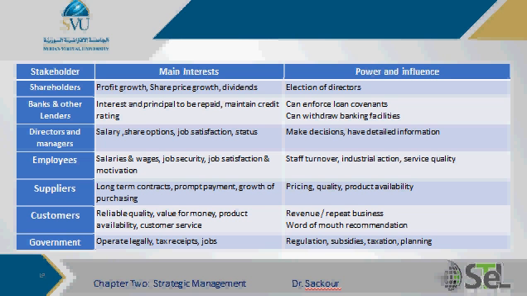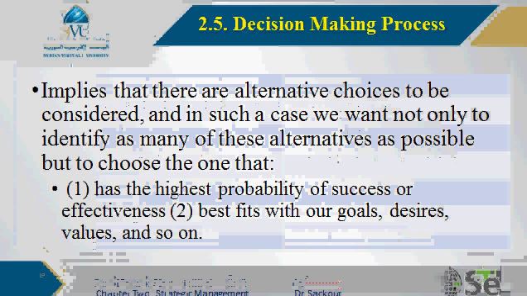They can cause staff turnover. Look at the government. They can operate legally: regulation, subsidies, taxation, planning, etc. Good. Is that right? So we have seen how each one of these is contradicted with the others.